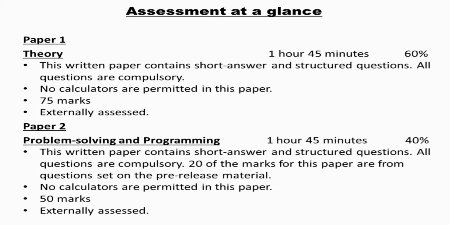The same question which you have practiced in the pre-release material exactly comes in your coming May June examination, and you have to answer the question which the examiner has asked from you.